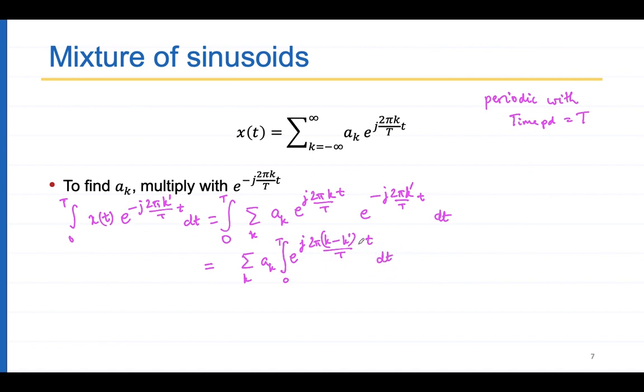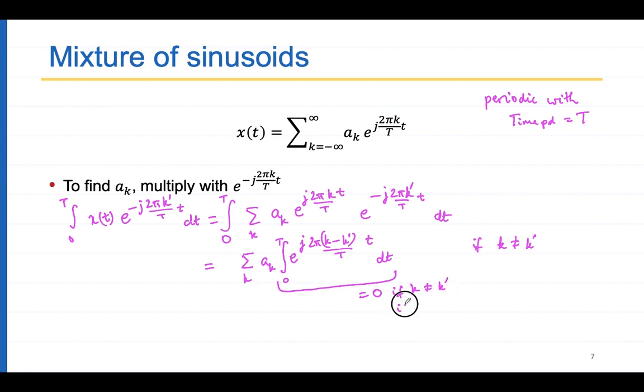What is this value? If k is not equal to k dash, then this term will be some non-zero number, let us say n, and the integration will be equal to 0. So this part will be equal to 0 if k is not equal to k dash.